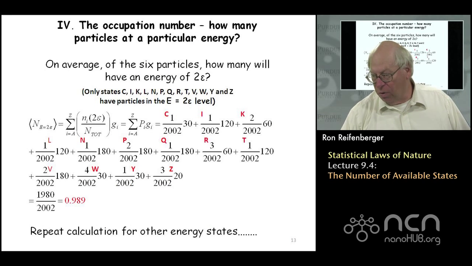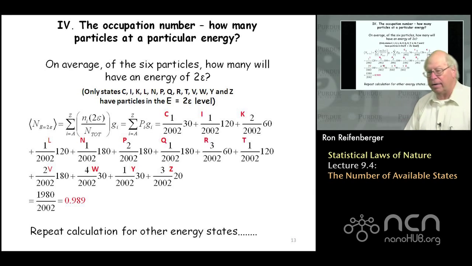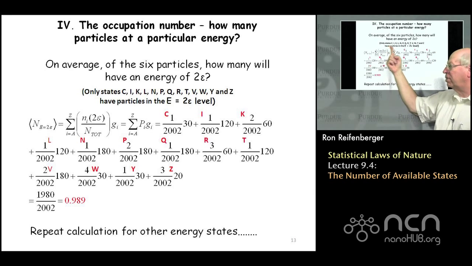So I just worked that case out here. These are the macrostates that have particles in the 2 epsilon level. You have to calculate the ratio of the degeneracy of each state to the total number of states. So that's the 30 over 2002. That's the 120 over 2002.